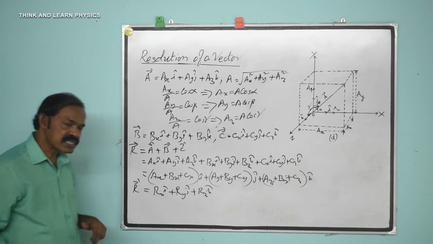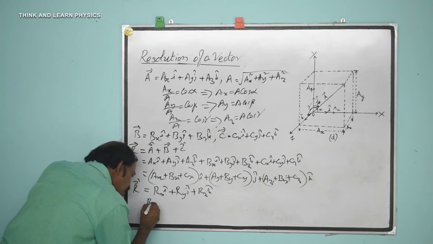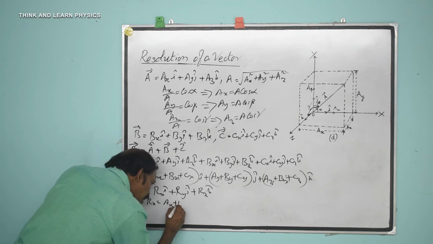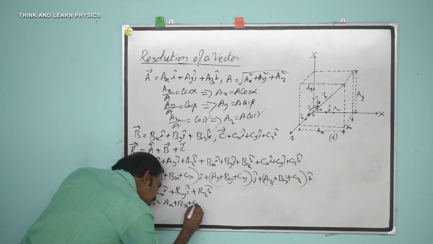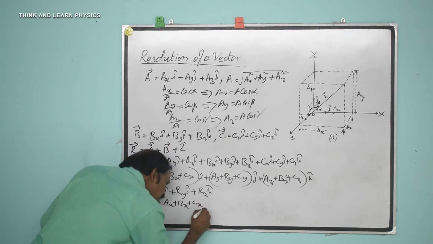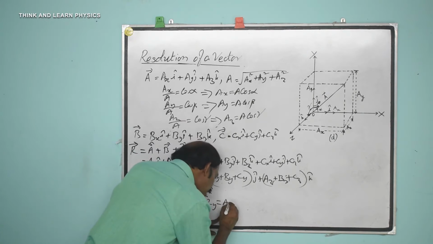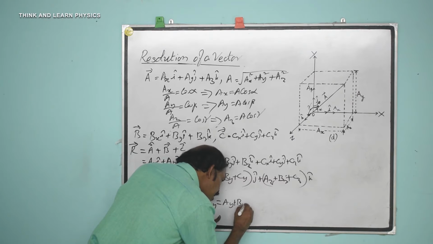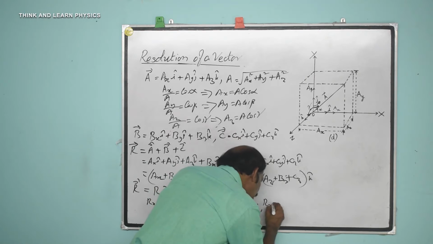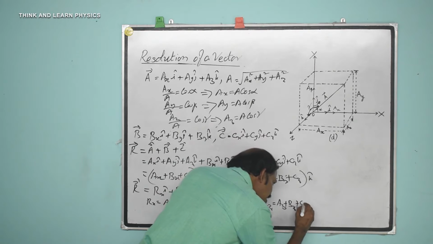Comparing these two relations, we see that Rx equals ax plus bx plus cx, Ry equals ay plus by plus cy, and Rz equals az plus bz plus cz.